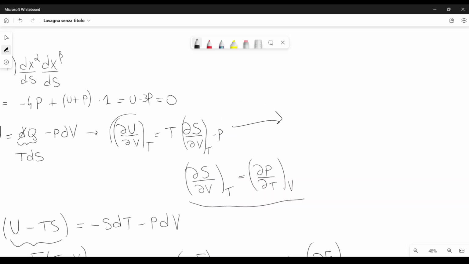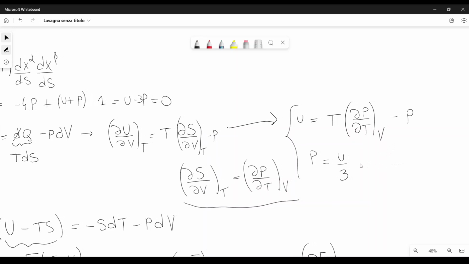So on the left here, you see that we can replace that derivative with the lowercase u, so the energy density of radiation per unit volume. Then this is equal to T, and then we get derivative of P with respect to temperature at constant volume minus P. But now we also know that P is equal to U divided by 3.